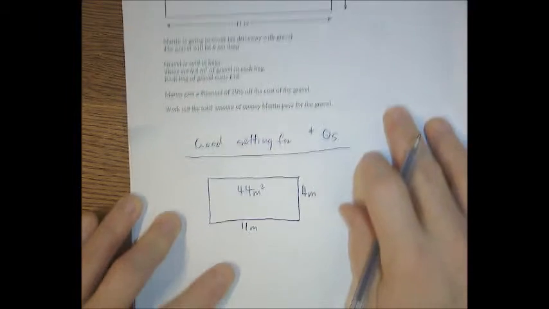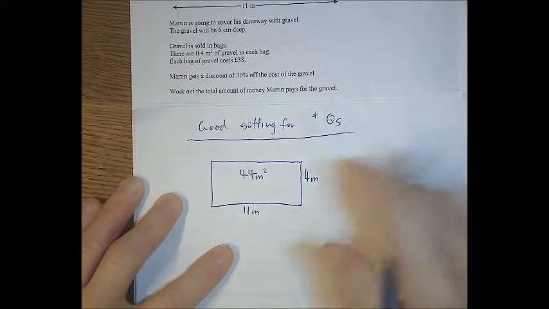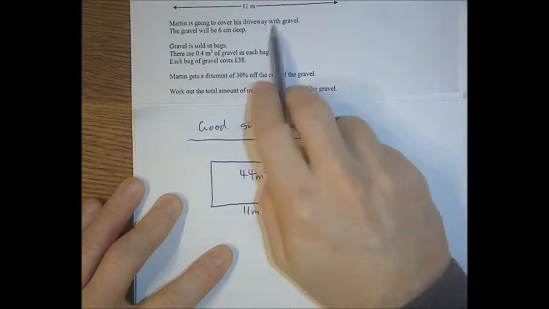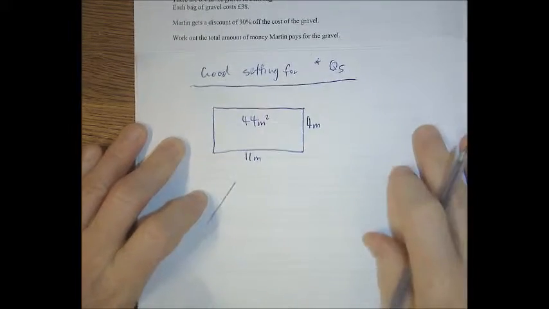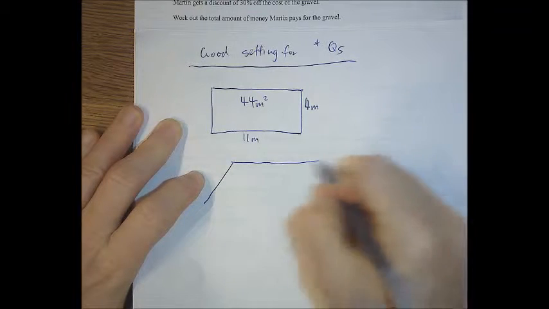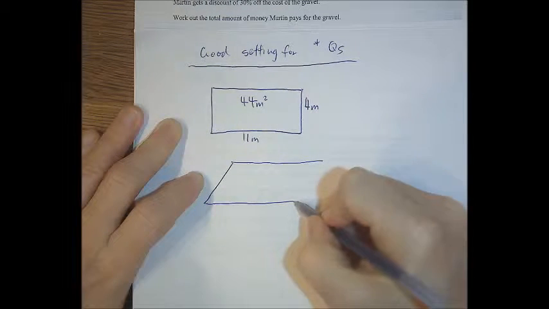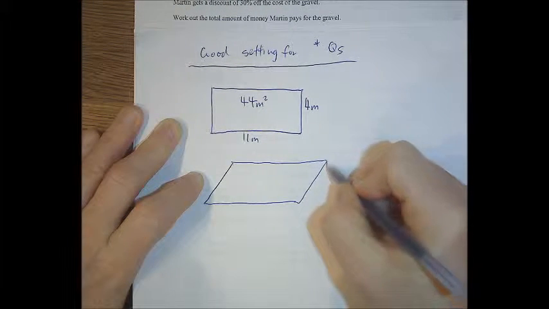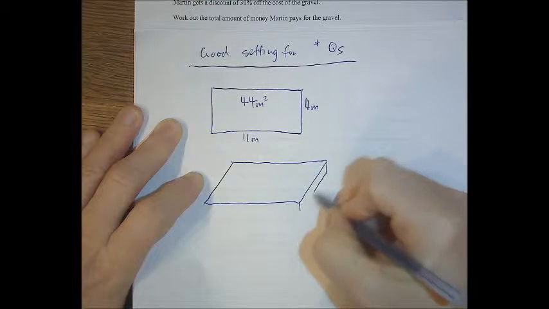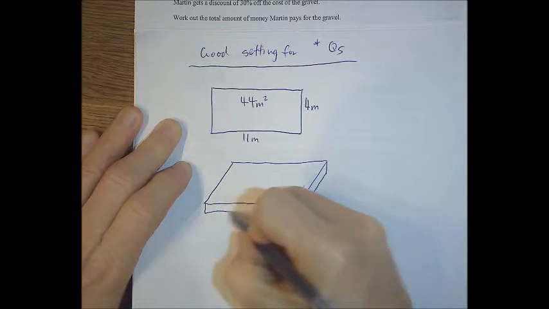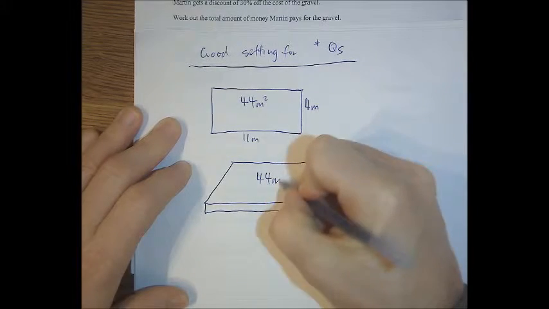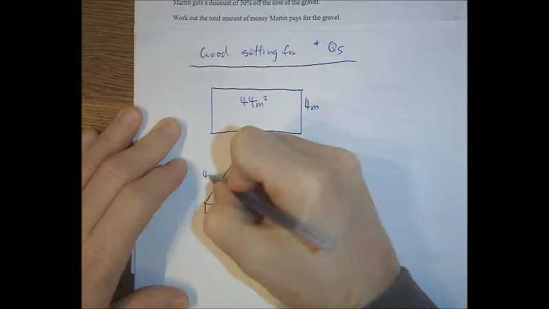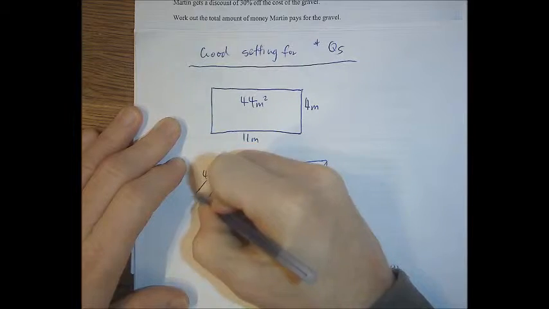Now, apparently, he's going to cover this driveway with gravel. It's going to be 6 centimeters deep. So here's an alternative diagram. So the top is 44 meters squared because of the 4 by 11.